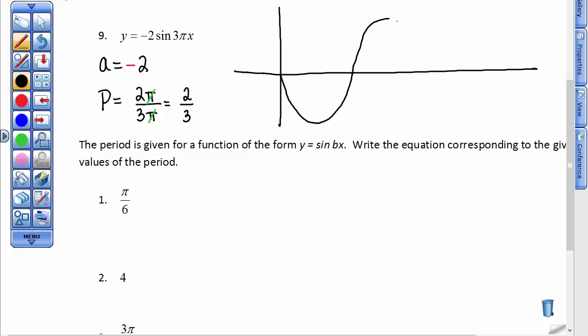And then remember, it's kind of like noise cancellation. When I put that negative sign in front of it, if the sine curve was like this, I put the negative sign and it flips it upside down. So this is a -2, this is a +2, and the period is 2/3. This one, in the process of taking half of 2/3, I'm going to go ahead and do it right here to get to this spot.